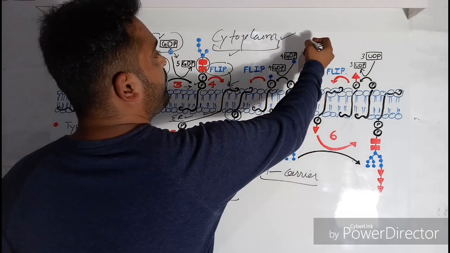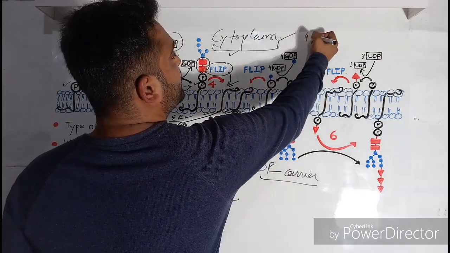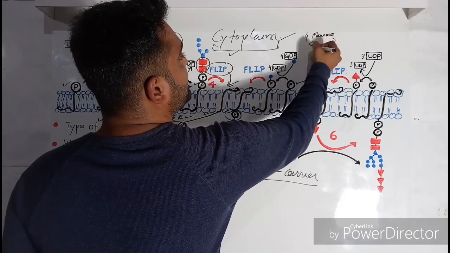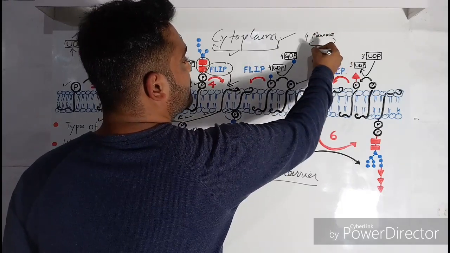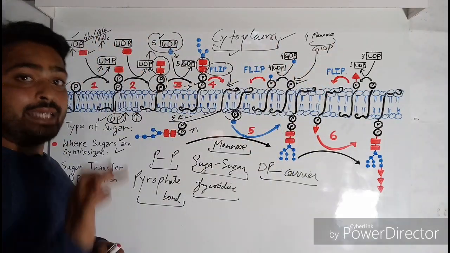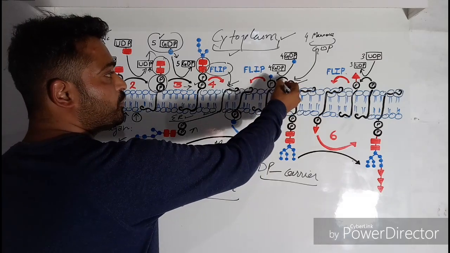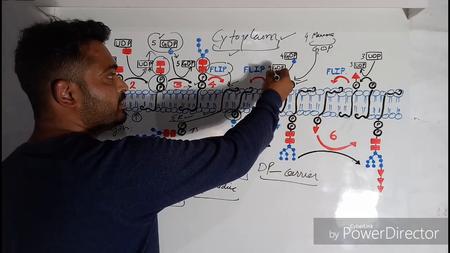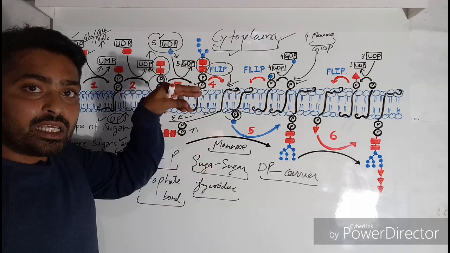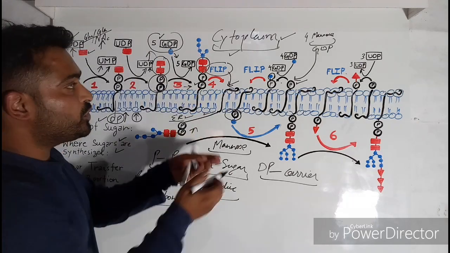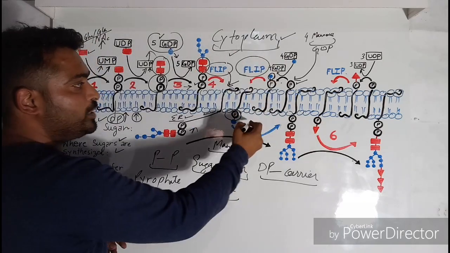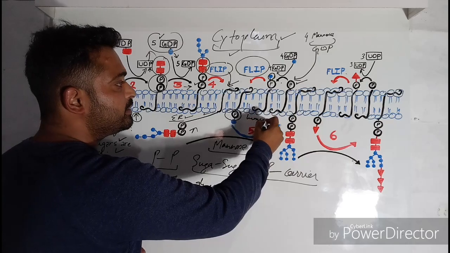Now the remaining 4 mannose residues attached with GDP, we transfer them to the Dolichol phosphate carrier, and from here we have this. Okay, now we want them in the luminal phase of ER. So what we do, we flip again. Now this would face the luminal phase of the ER.